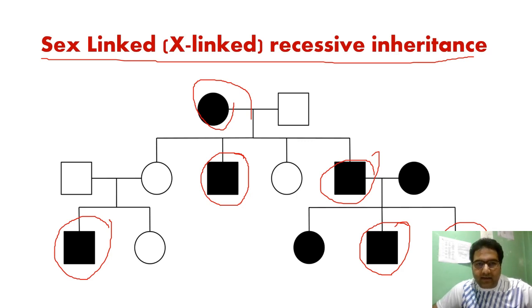In X-linked recessive inheritance, the sons of affected mothers are always affected, and approximately half of the sons should be affected.